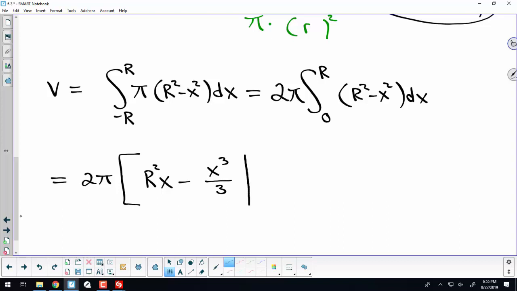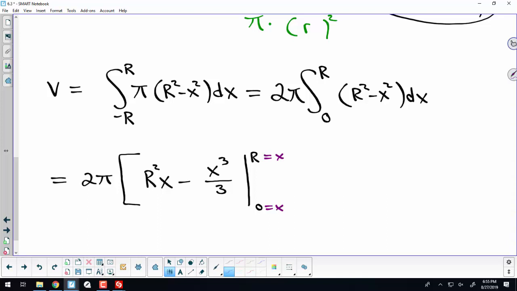And then we're evaluating from 0 to capital R. If you don't want to get confused, just remind yourself that these bounds we integrated with respect to x, so these are x values.